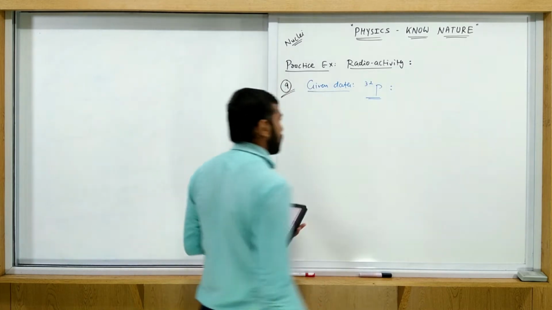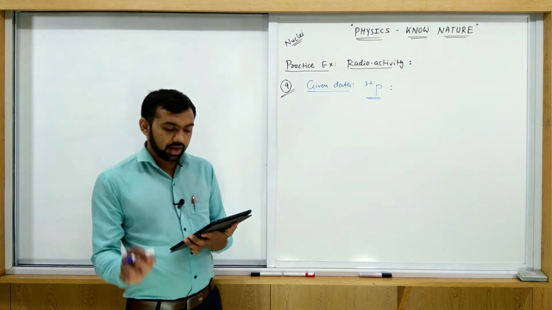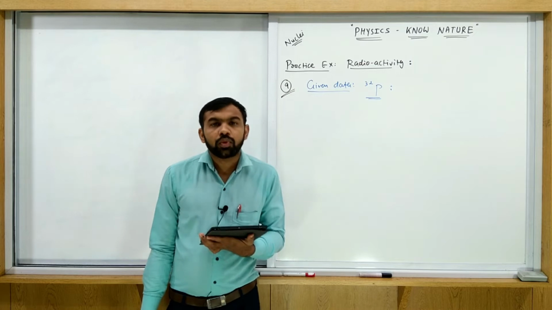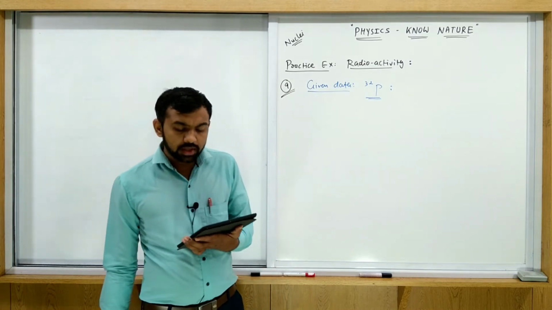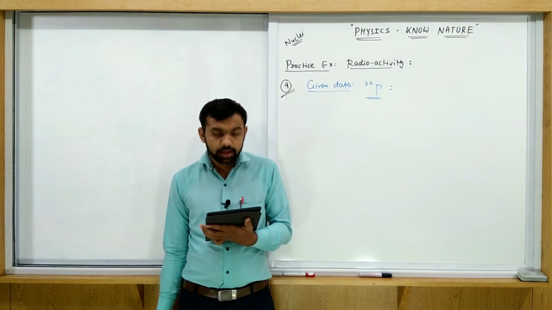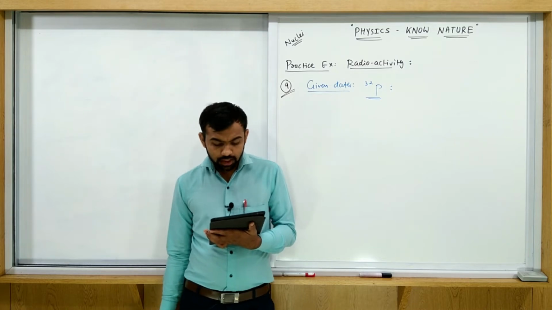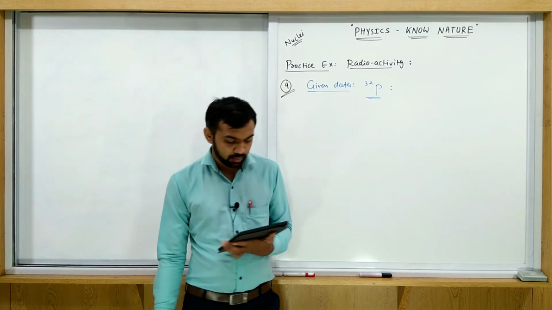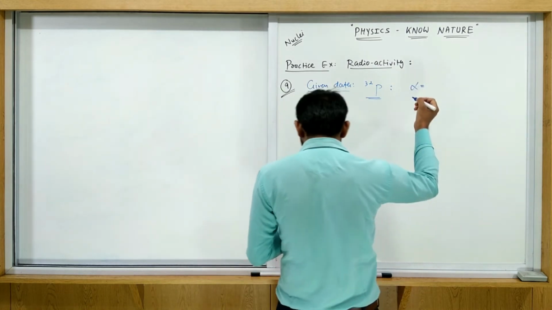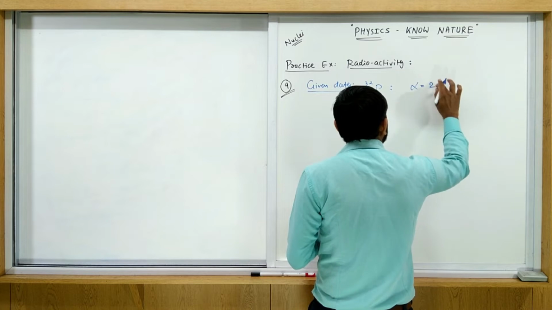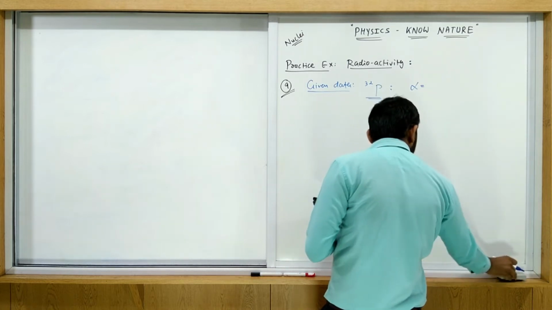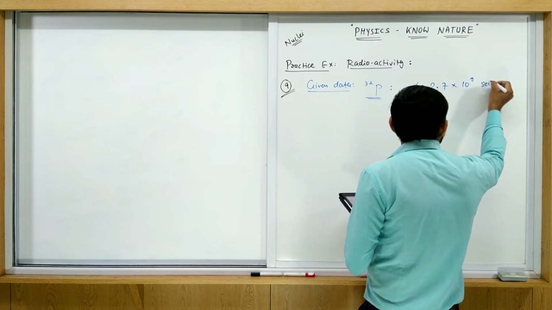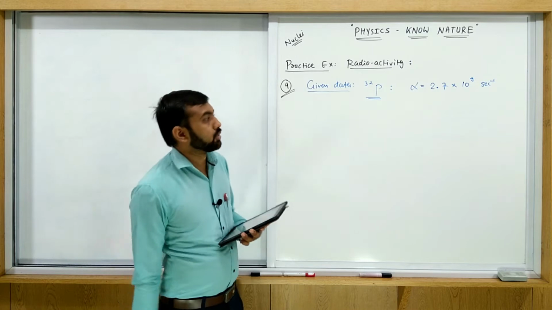P32 with a half-life of 14.3 days is produced in a reactor at a rate of alpha is equal to 2.7 into 10 raised to 9 per second, that is, second inverse.